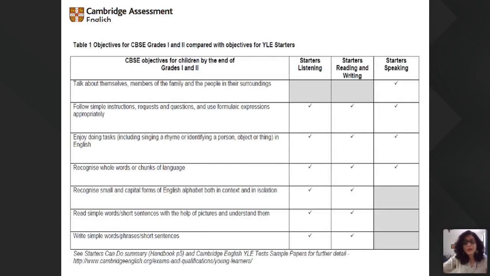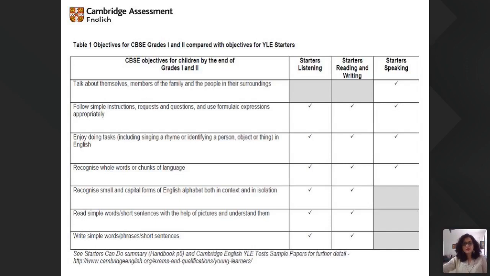Now, moving on, I'm going to show you how the curriculum is mapped. Again, this is a sample which I'm sharing with you. So you can map a template like this, right? What you see in front of you is a template that maps the language subskills assessed in the Cambridge YLE Starters exam to the learning outcomes, that is the language learning outcomes expected in the subject of English from students of grades 1 and 2 studying the CBSE curriculum.